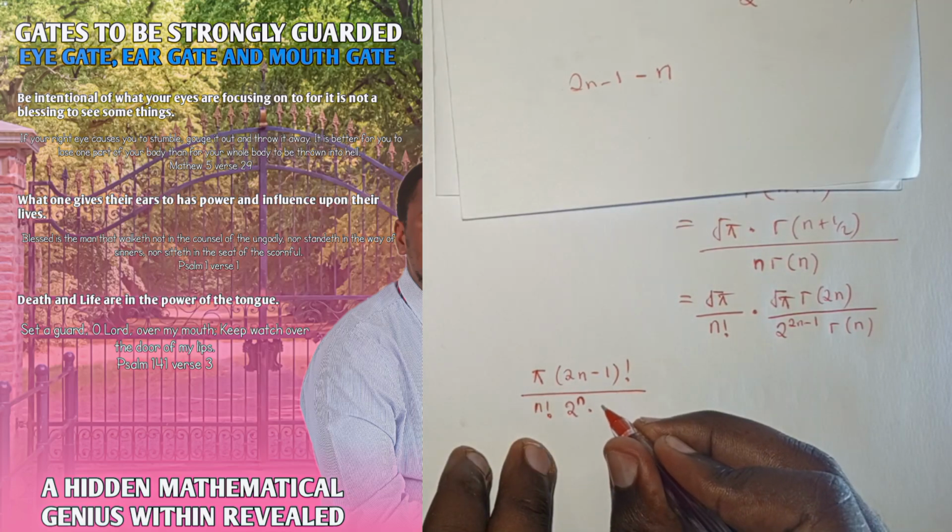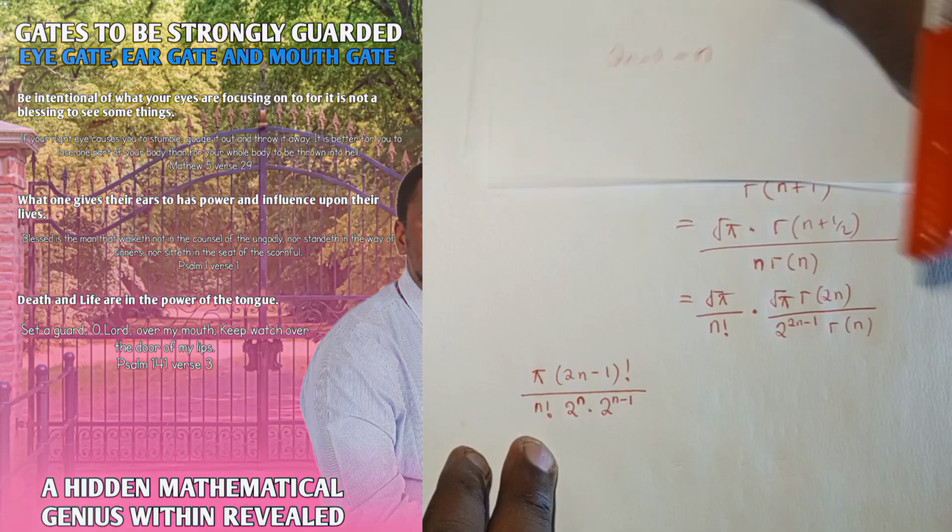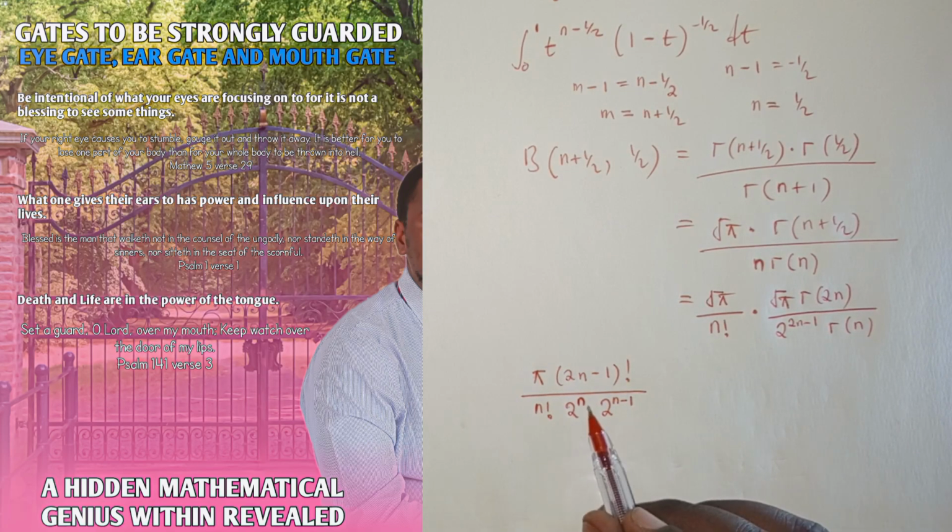So we have 2 to the power n minus 1. I wanted to have 2 to the power n and n factorial. These two will give us a double factorial, which is even, because from what we need to show, there is a double factorial.